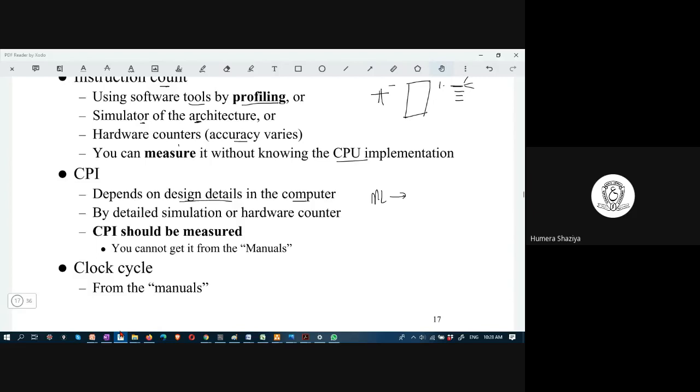How many lines are actually there and how many lines are being executed could be counted by a hardware counter. When it executes one instruction, it increases the count plus one. Another instruction, plus one. By the time it reaches the end of the program, this hardware counter would have the total count of the instructions.